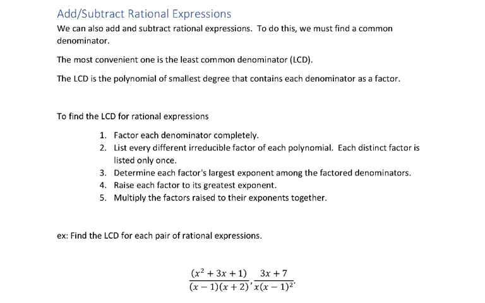Or x squared plus b squared, where b is a number, that would be irreducible. You get the largest exponent, and you raise each factor to the largest exponent, and then you multiply them all together. You'll see what I mean when we do some examples.